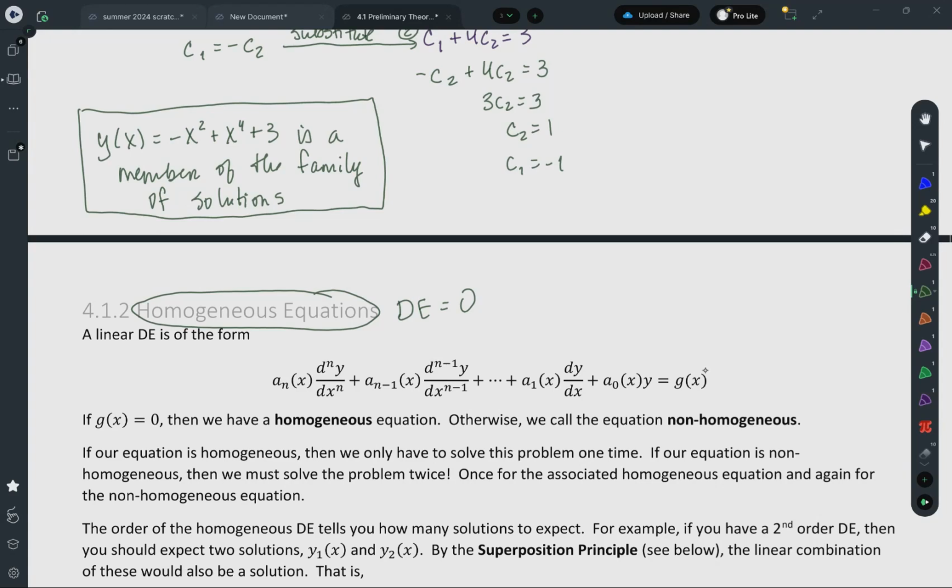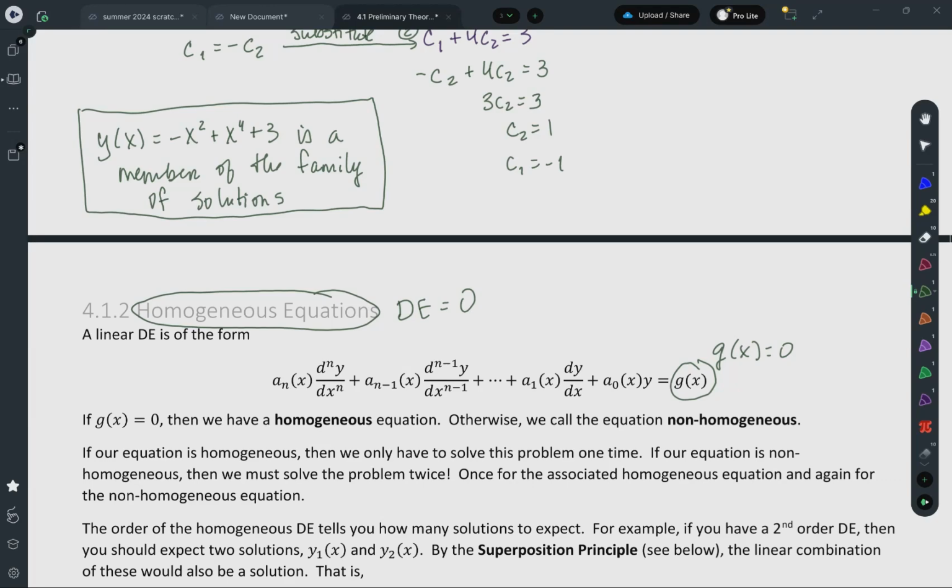That's it. So in this linear differential equation form, where we have an nth order differential equation, the g of x on the right-hand side is going to be 0. That's the definition of a homogeneous equation. If g of x is not 0, then the equation is non-homogeneous.